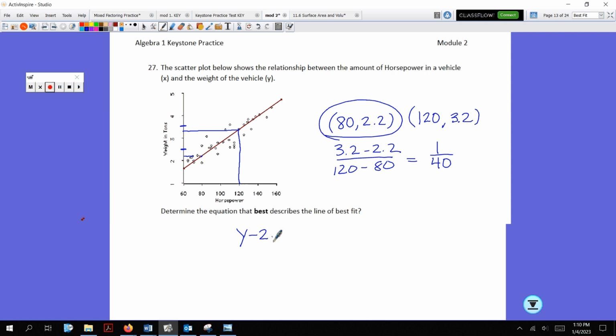Y minus 2.2 equals 1/40 times x minus 80. Distribute, y minus 2.2 equals 1/40th x. 1/40th times negative 80, I think it's negative 20.